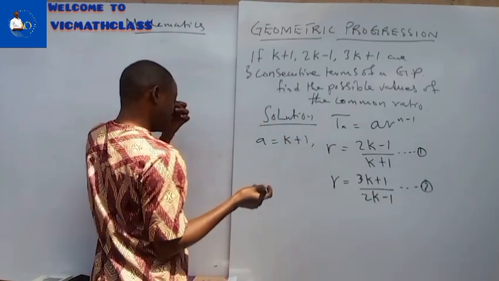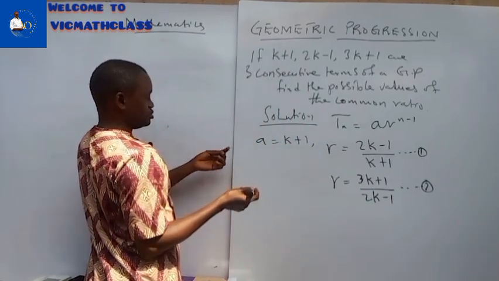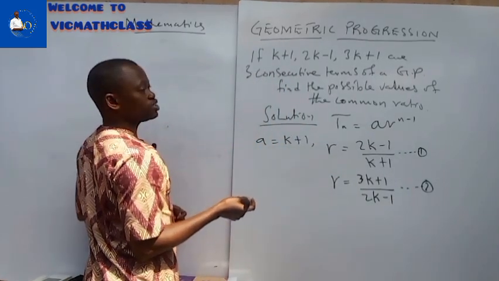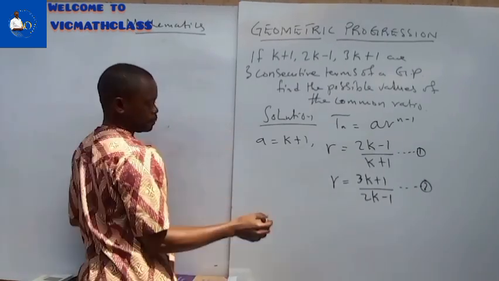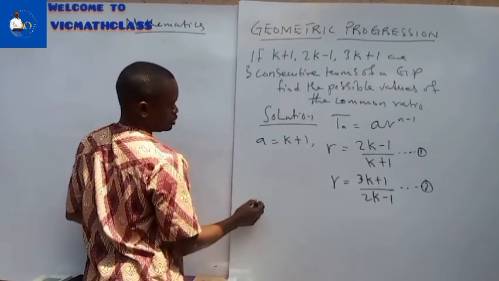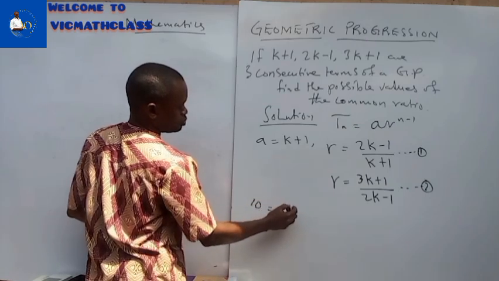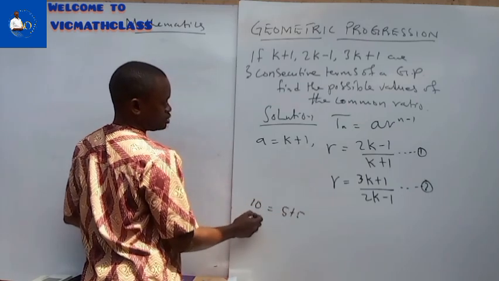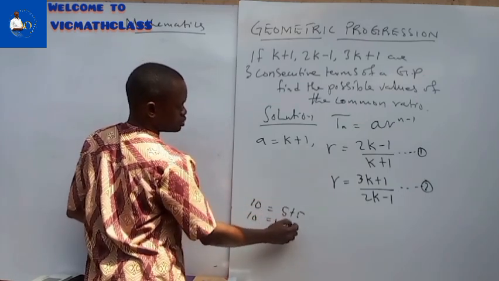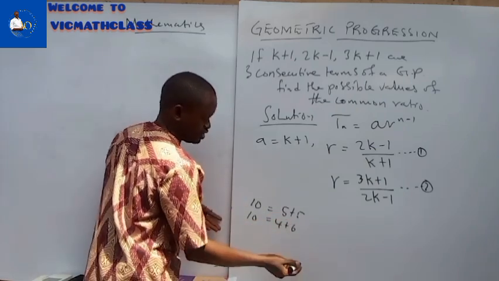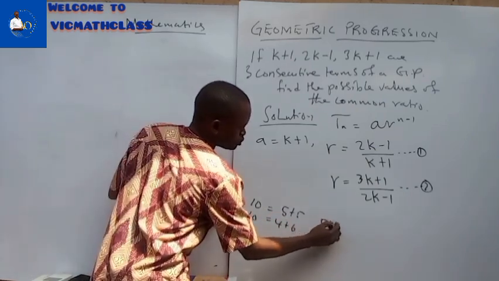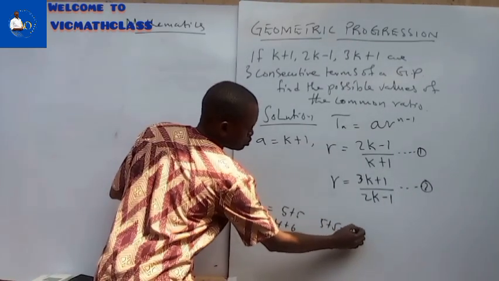There's a very simple logic I normally use to make an explanation very simplified before my students. I used to say that if you have that 10 is equal to 5 plus 5, and that same 10 is equal to 4 plus 6, then it is logically right to say that 5 plus 5 is equal to 4 plus 6.